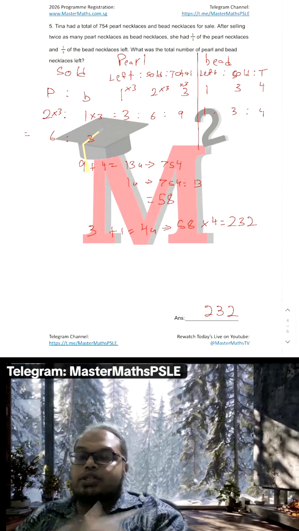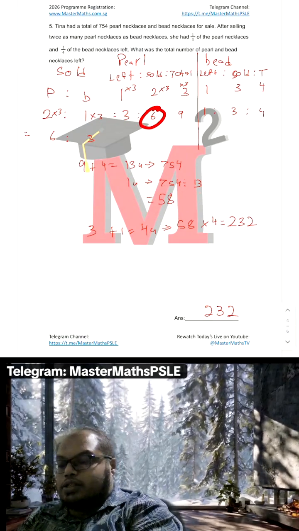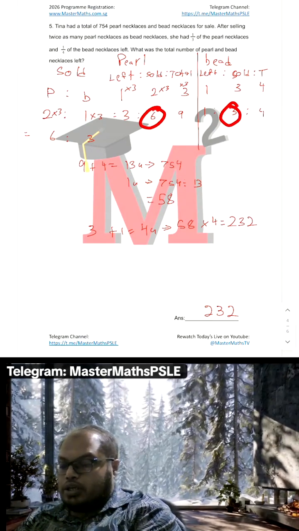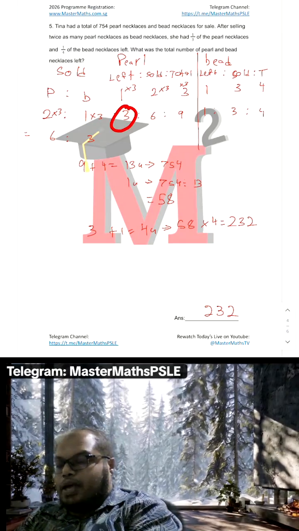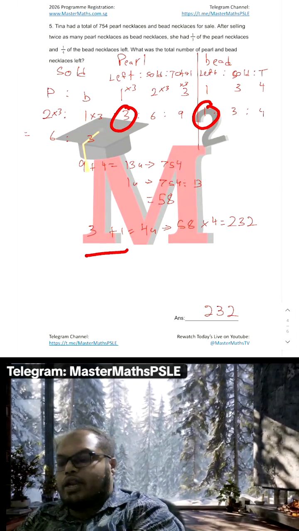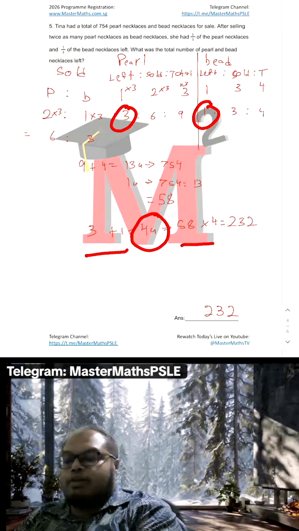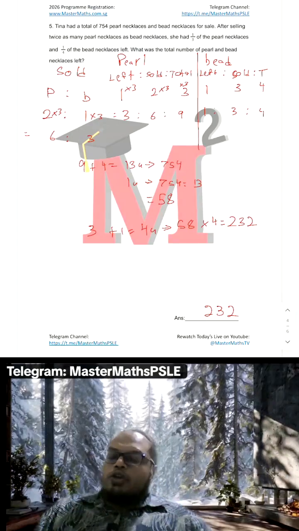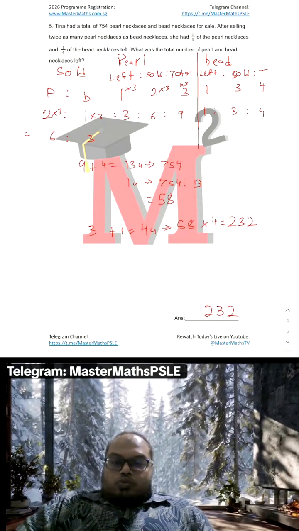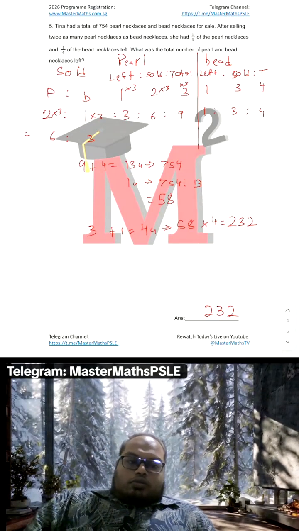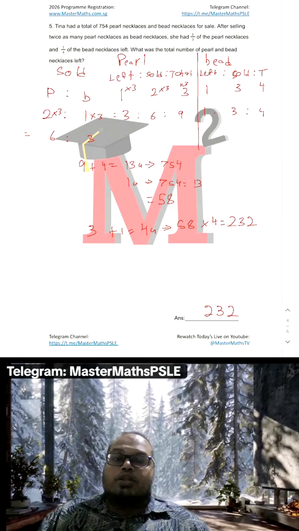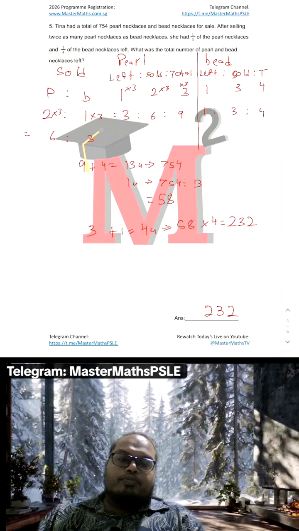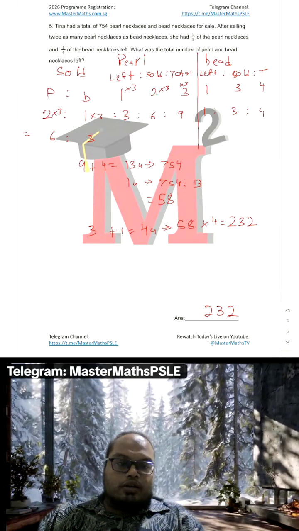We want the total left. 3 plus 1, so 4 units. 58 times 4 equals to 232. Okay, probably maybe some of you just got 230 because of dividing wrongly or something like that.